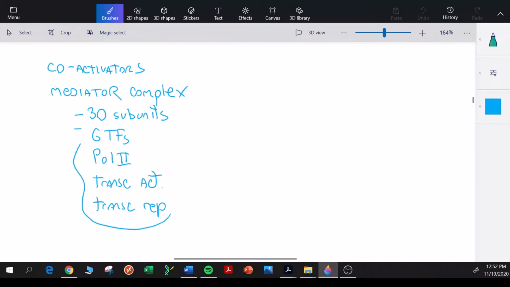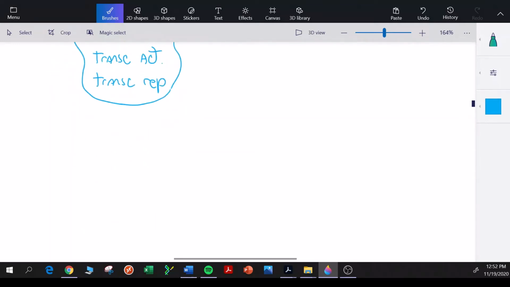So through all these different interactions, the mediator complex is thought to mediate interactions between the enhancer and the promoters of target genes. So we have a model of how these enhancers are thought to work at such long distances and why the orientation doesn't matter so much.